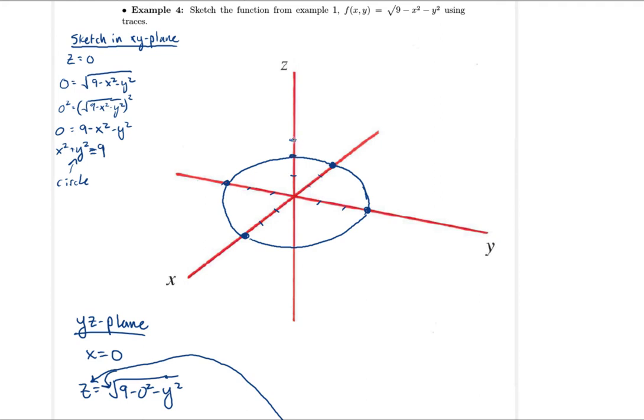Okay, so there's up 3. Actually, let's make that a little bit higher. Up 3. And I know that I have to connect up from here to here to here, and I have to try to make the best circle I can.